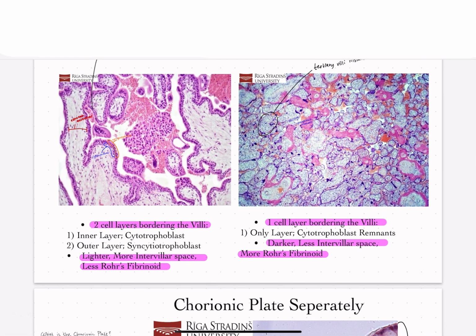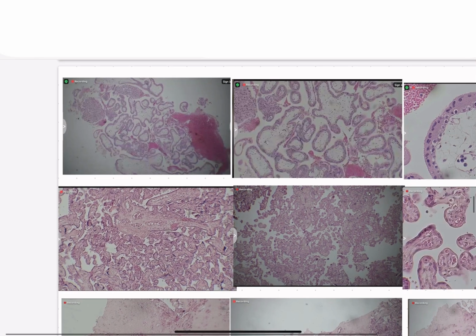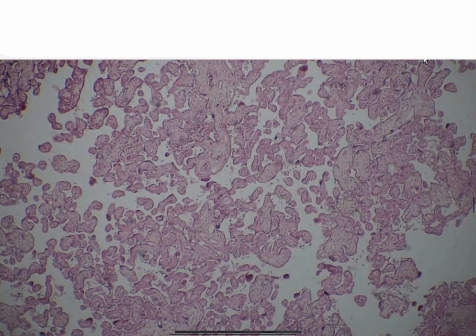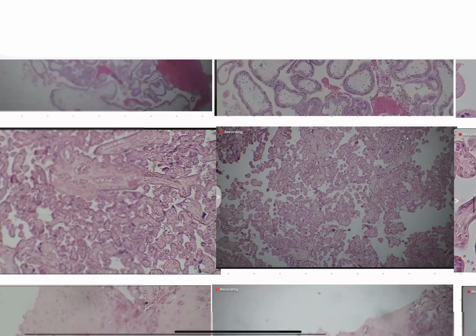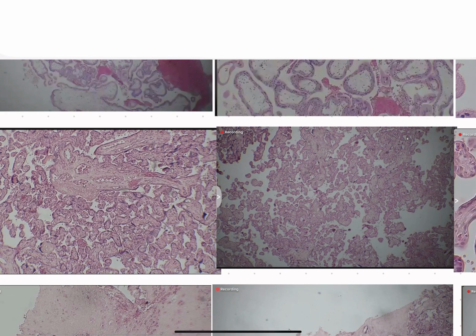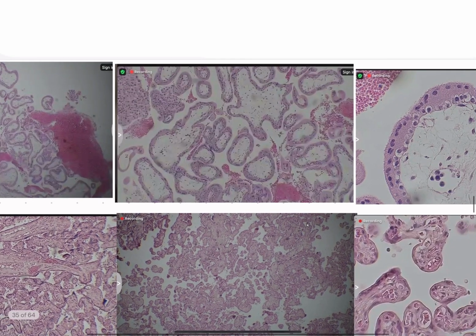Yes, so again, it's hard to say if it's because it's lighter or because it's darker. If we compare it here, for example, if you only see this in your microscope, you might assume that we can see a lot more intervillar space, which is all of this white area, but that doesn't necessarily mean that it's new placenta. In fact, this is old placenta. So again, I would say the most important signifier is the cell layers.